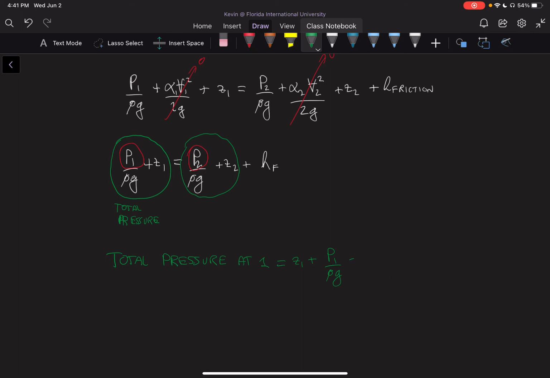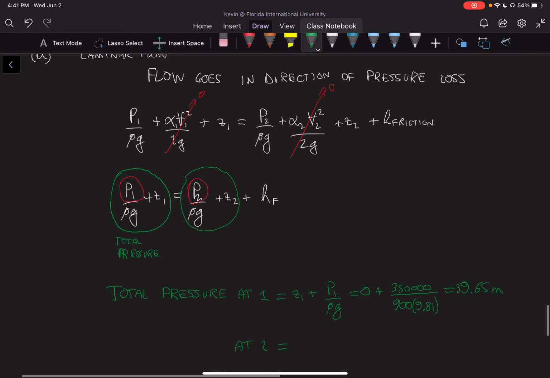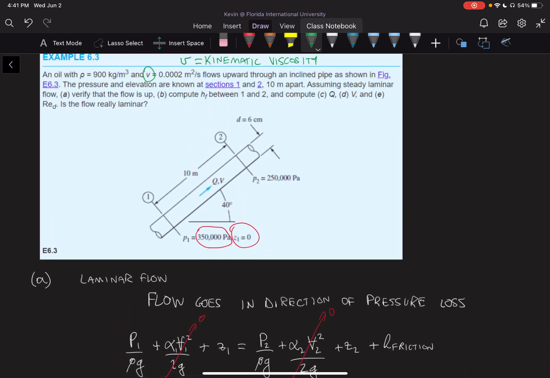So we can say that this is equal to 0 plus our 350,000 divided by 900, which is our density, multiplied by 9.81. And we get that this is equal to 39.65 meters. Now at 2, we have Z2 equal to 10 times sine of 40, okay?